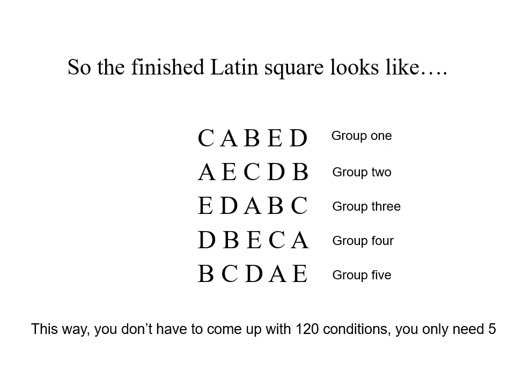Okay, now let's see what happens with this. Let's take a look at C, for instance. I'm going to use red. C occurs in the first ordinal once, the third ordinal once, the fifth ordinal once, the fourth ordinal once, and the second ordinal only once.